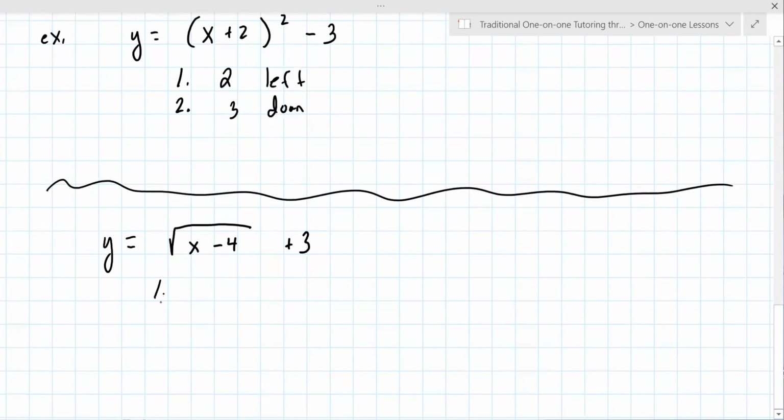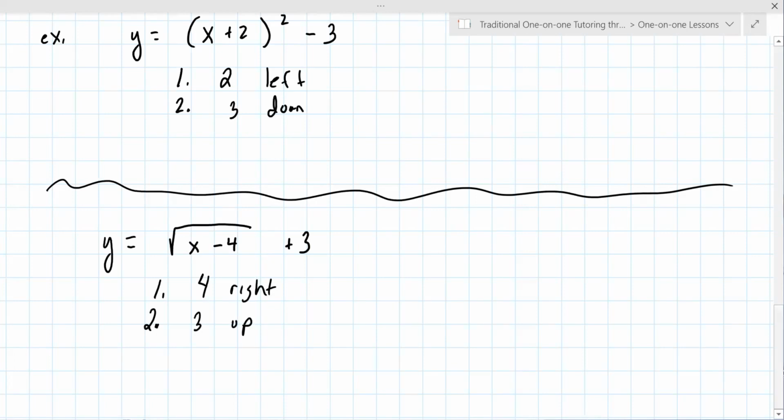This also has two transformations. The inside one here is left or right, and the one out here is up or down. Four right, three up.